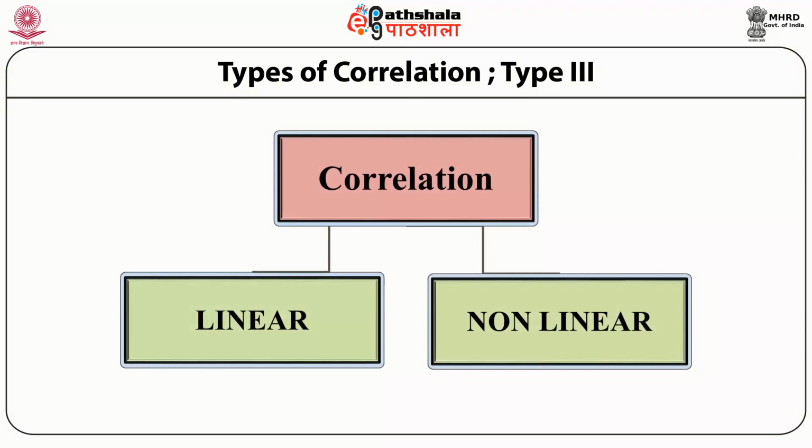Again, there is another type of correlation: linear correlation and non-linear correlation. Linear correlation assumes a linear relationship between both the variables. A non-linear relationship may also exist between the variables, and that is known as non-linear correlation. Now we will go on to the second type of classification of the correlation.